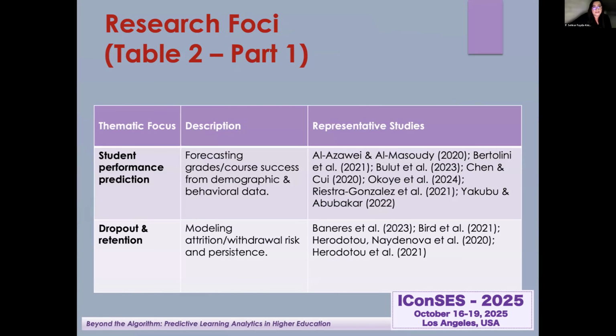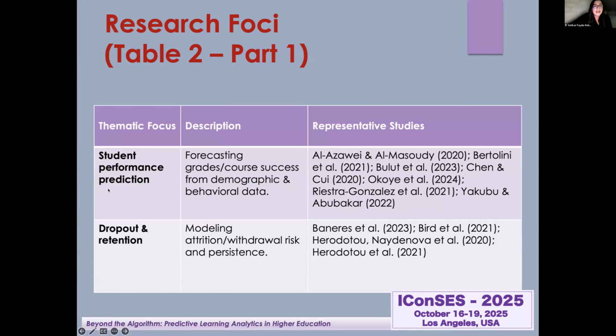The first one is the research focus in these 21 studies. So there are 5 themes that occurred, as you may see. The majority of the studies were on student performance prediction.